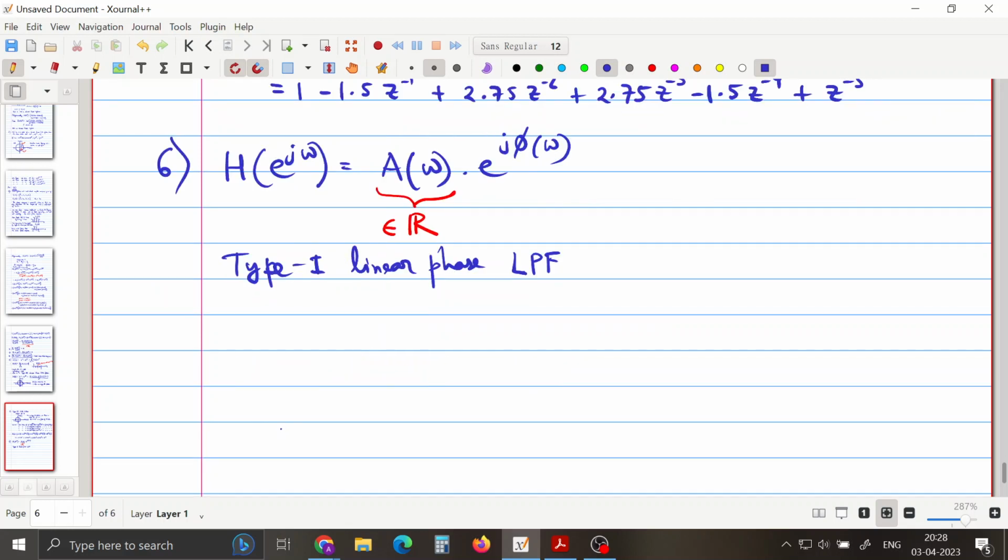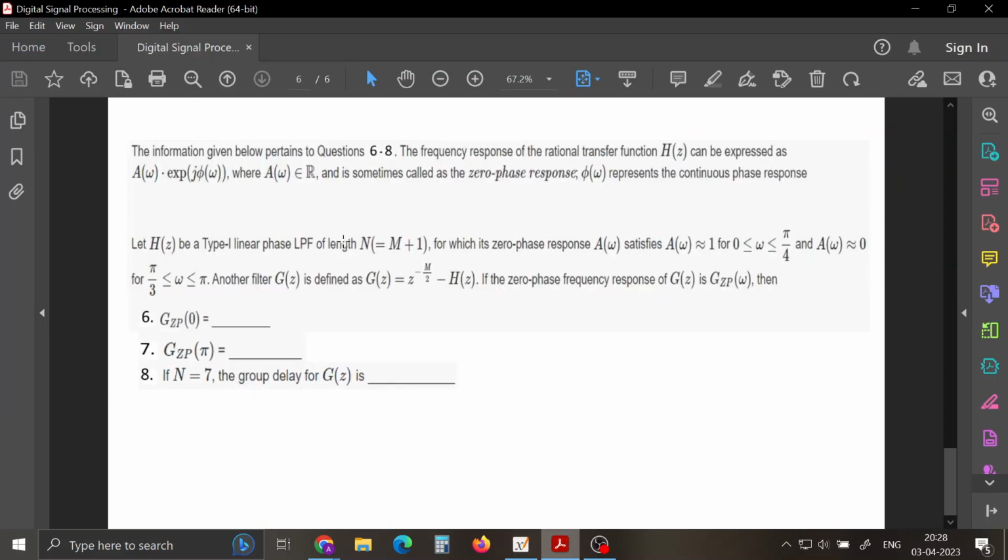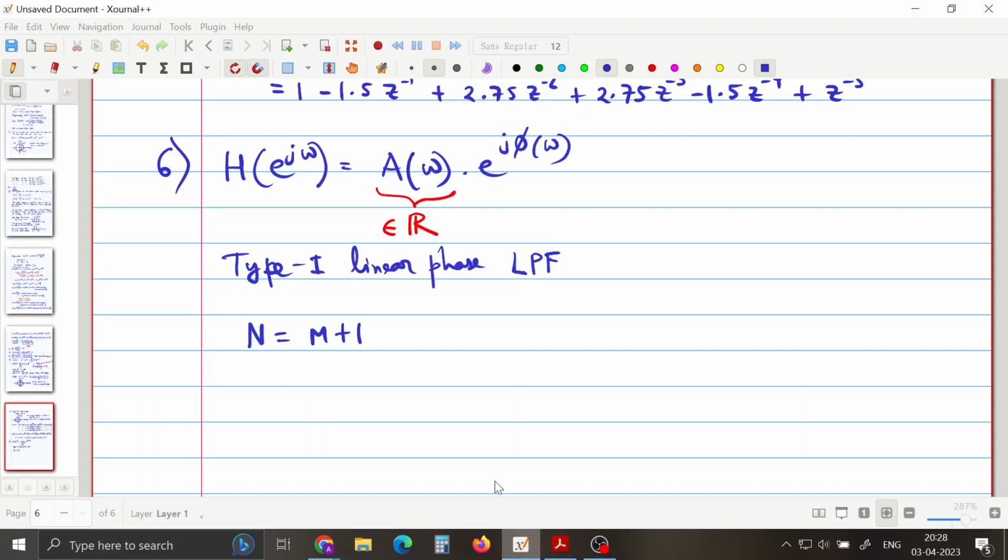Now we know that this is given, right? Capital N is equal to capital M plus 1. This was given right here, the length. We know that the group delay, which is given by alpha, is nothing but capital N minus 1 by 2, which can also be written as capital M by 2.